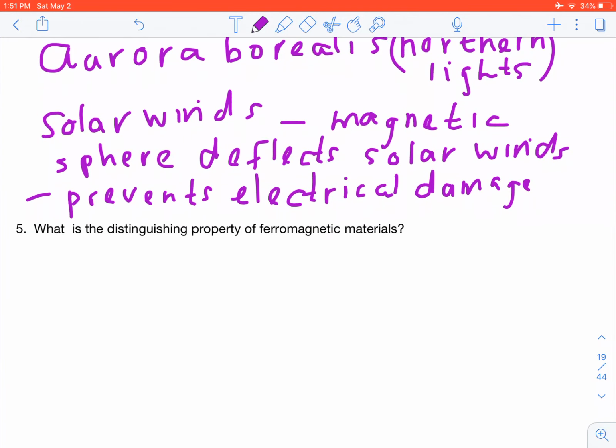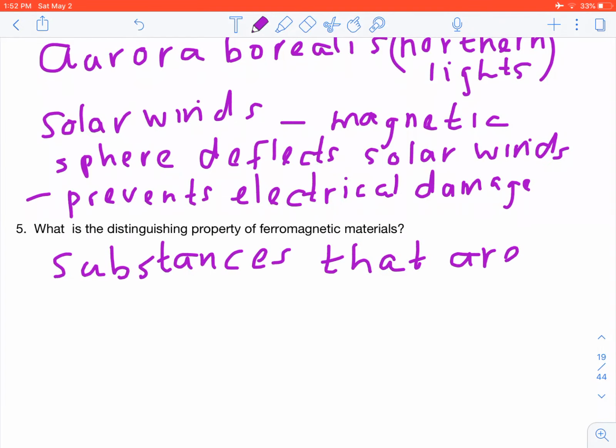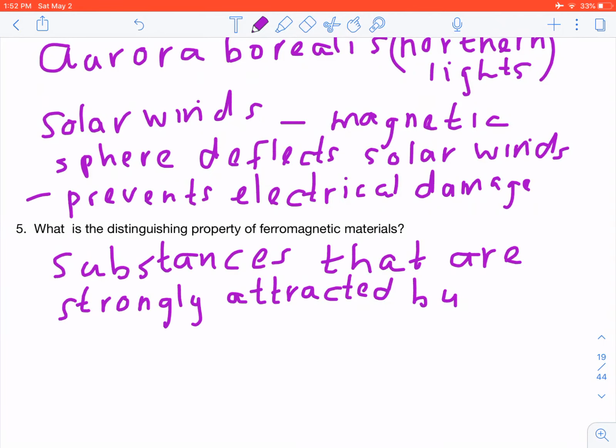Then what is the distinguishing property of a ferromagnetic material? Ferromagnetic materials are substances that are strongly attracted by a magnet.